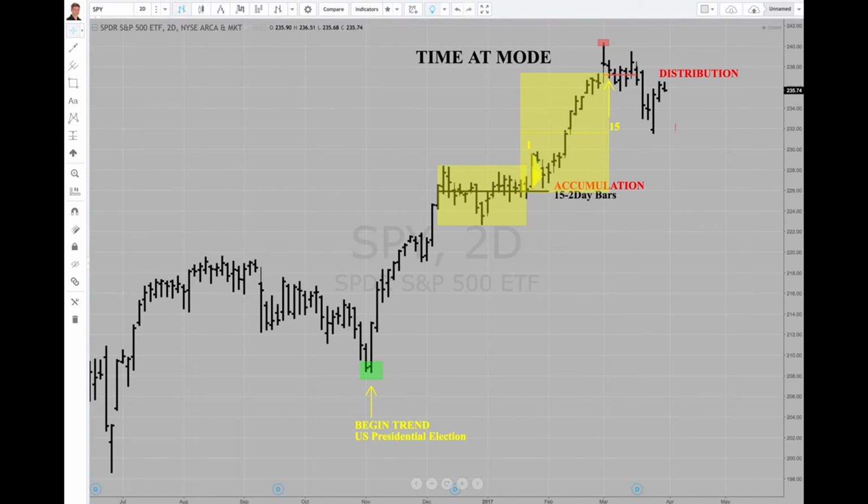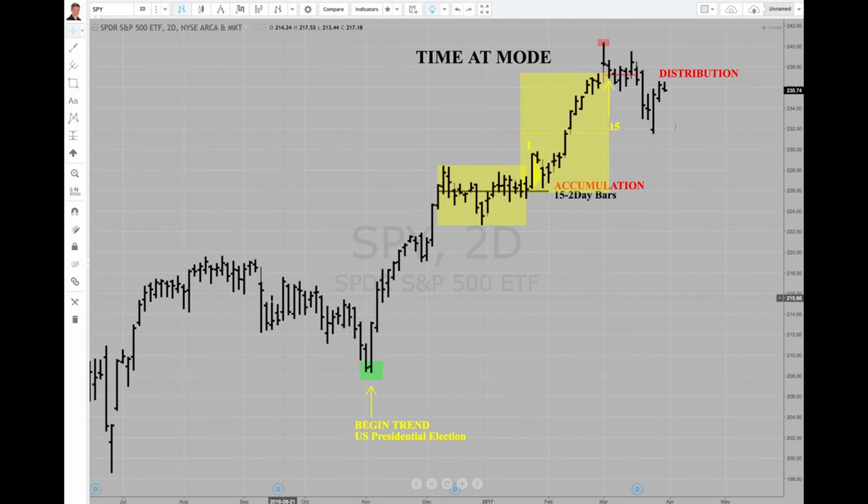So there is also a concept which is logical, a strength or weakness implication of the pattern. If this market, for example, is set to accumulate by 15 bars, if it can't rally for 15 bars, then that implies weakness. If it doesn't rally by the amount of the trading range prior to it, it is also considered weak.